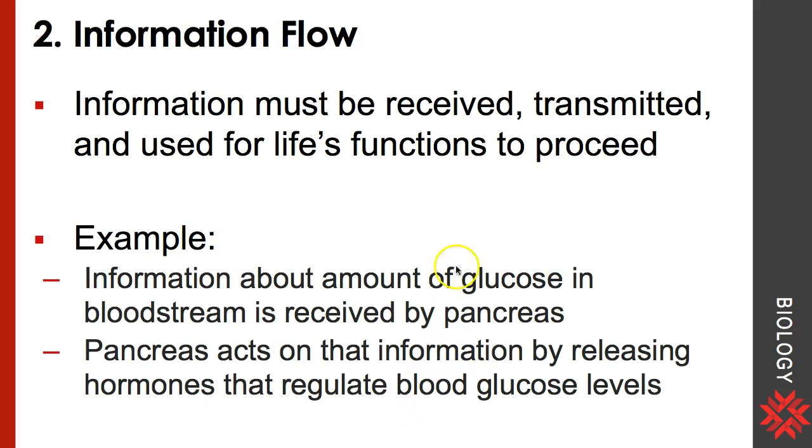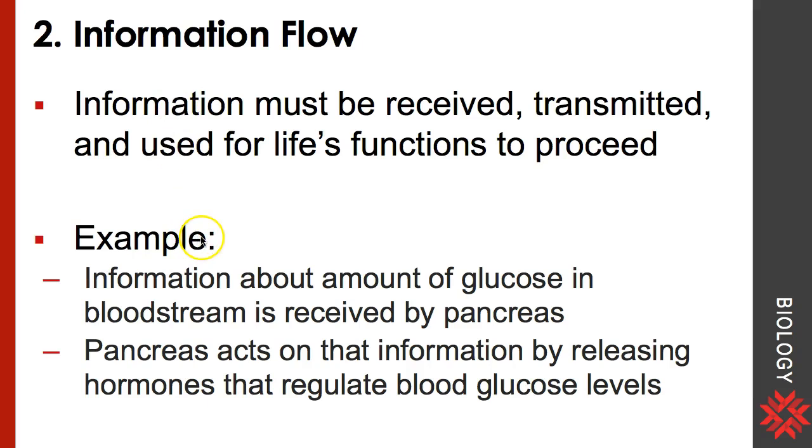If we think back to where we talked about different properties of life, we said that all life has to grow and develop. Well, in order for life to grow and develop, there has to be some kind of genetic instructions, or some book of instructions, that is going to help tell that organism how to grow and how to develop. So that information has to be stored, it has to be able to be read, received, then passed along to another component of the body that needs the information at that time.